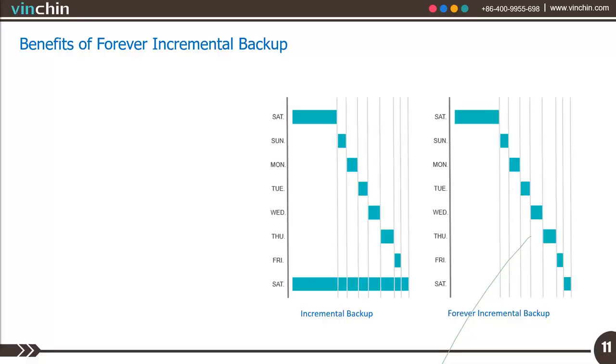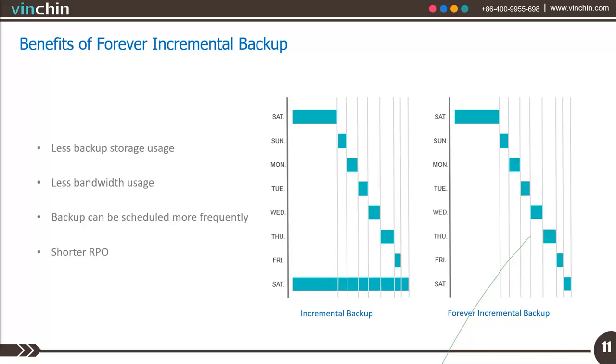If the full backup is taken each month, then an extra month of old backup data will be kept. So the benefits of forever incremental backup are less backup storage and less bandwidth usage. And users can schedule backups more frequently to achieve a shorter RPO.